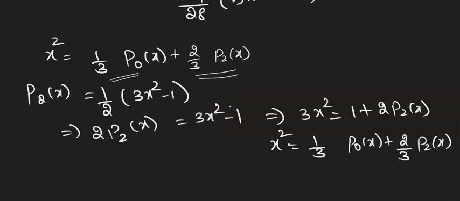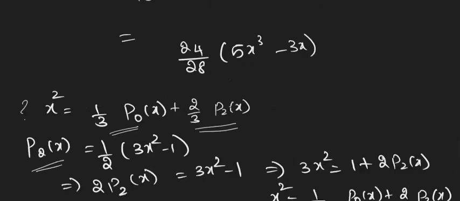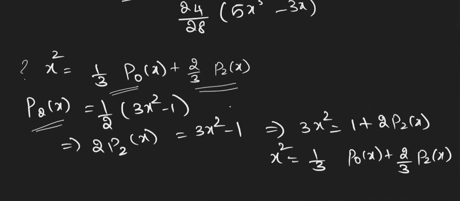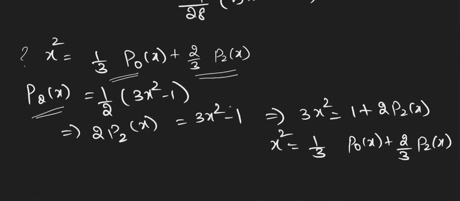So we have two terms. How did we get this x square term? Just now we have derived P2 of x. What is P2 of x? Here we got 3x square minus 1 by 2. So P2 of x is 1 by 2 into 3x square minus 1. From this we are going to take x square. So 2 into P2 of x is equal to 3x square minus 1. 3x square is equal to 1 plus 2 into P2 of x.